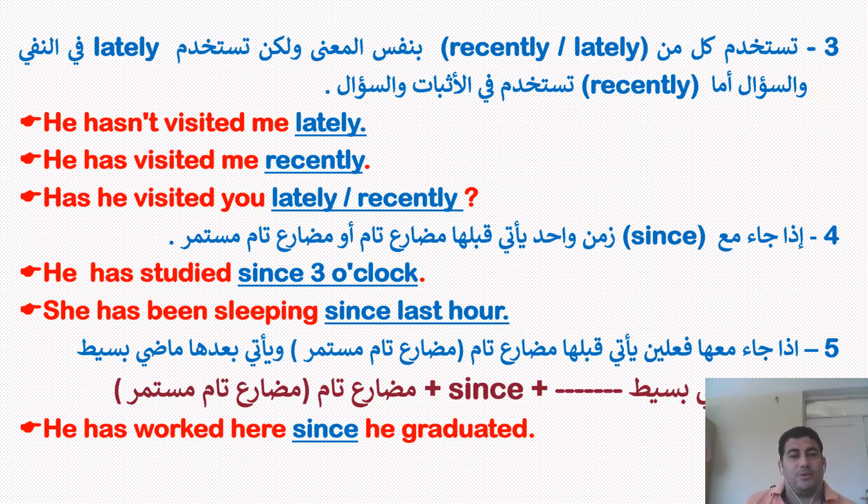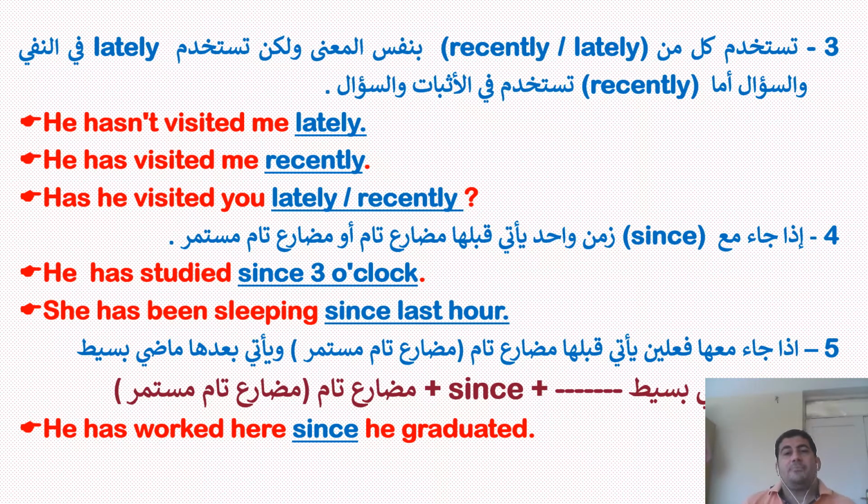So this is the difference between lately and recently. Okay? He hasn't visited me lately. He has visited me recently. Another example. Has he visited you lately or recently? So at the end of the question, we can use lately or recently.